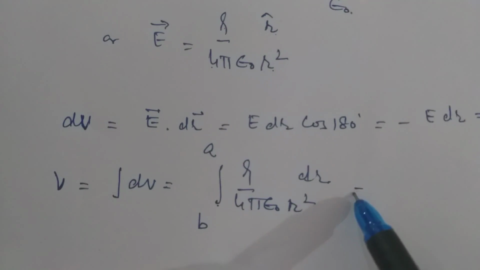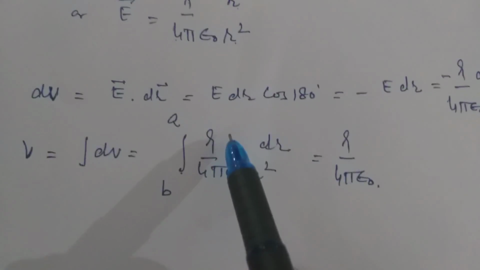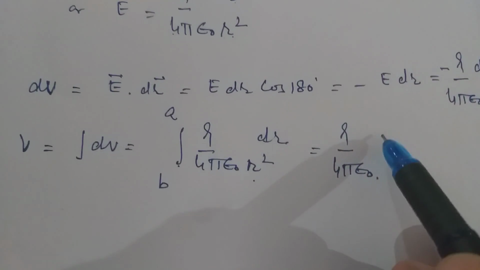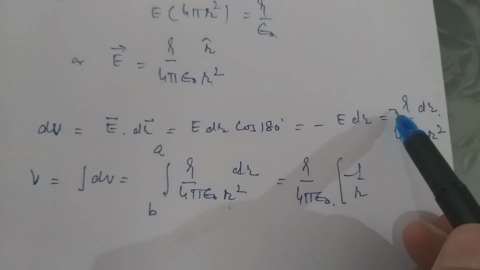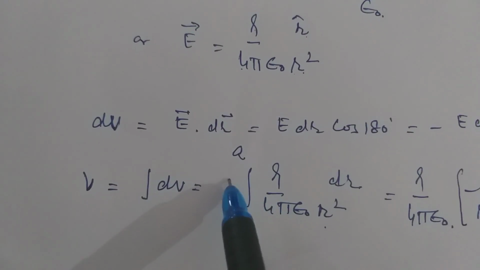Or it is equal to Q upon 4 pi epsilon naught integration of 1 over R square, that is minus 1 over R. E is with negative sign, so we will use the negative sign here also.